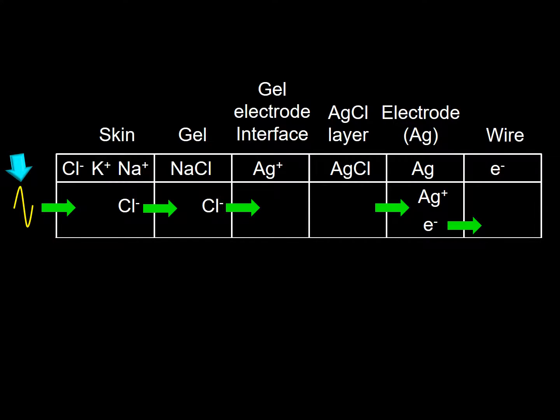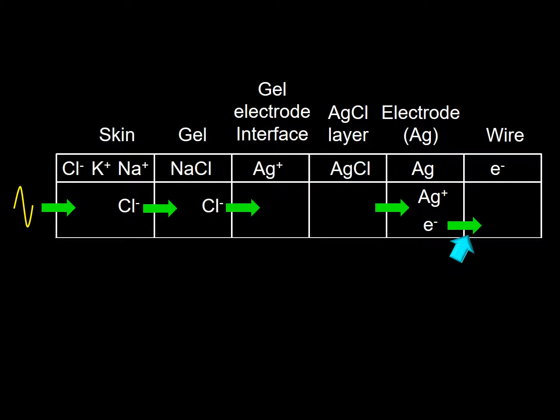Current generated at the brain forces chloride ions from the skin to interact with sodium chloride present in the gel. The chloride ion then interacts with the silver ions and dislodges electrons from the silver that are transported to the wire.